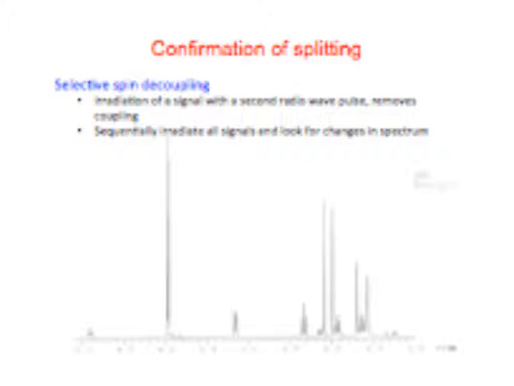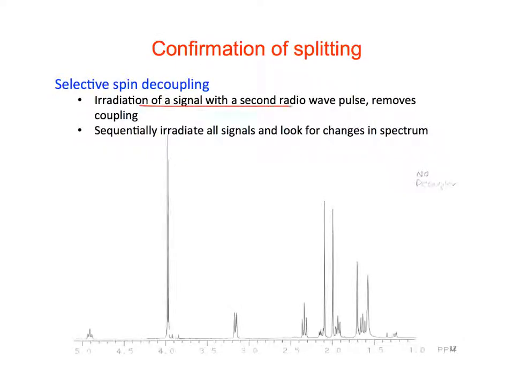Okay? So we irradiate a second signal with a radio wave, and it removes any coupling that that signal has. So if we had two doublets and we irradiate this doublet, this one over here will collapse to a singlet. It won't see that other proton anymore.